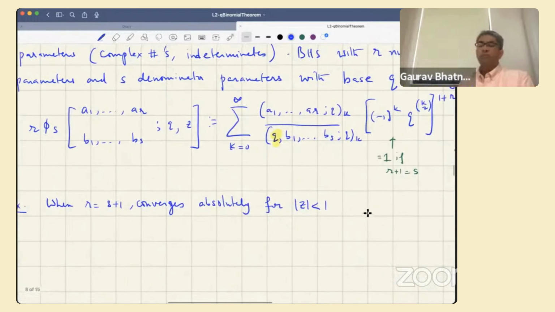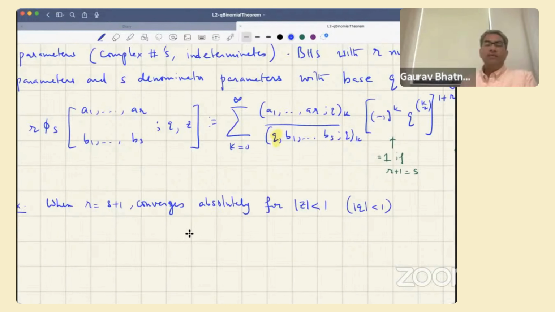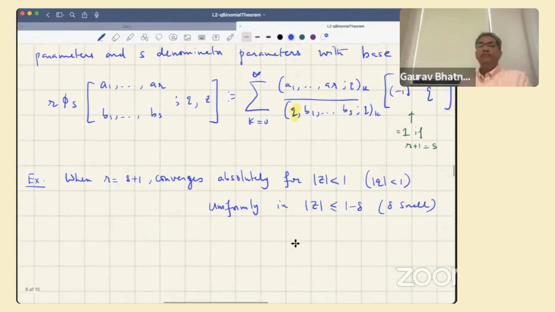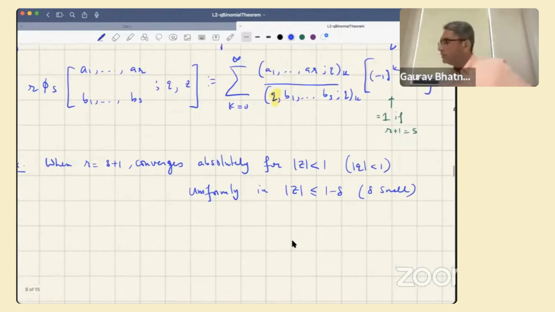So provided, of course, absolute value of q is always less than 1 here, and it converges uniformly in |z| less than or equal to, say, 1 minus delta for any delta bigger than 0, delta small. So this is from the standard power series theory. If it converges absolutely here, the radius of convergence is 1, so its convergence is uniform if you just take a closed disk.